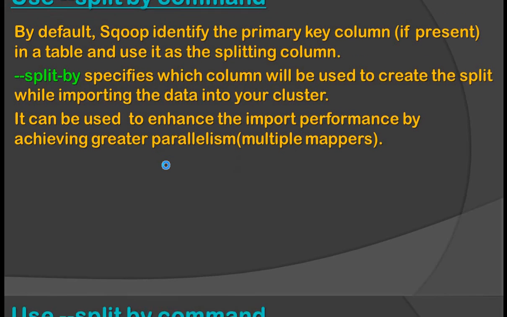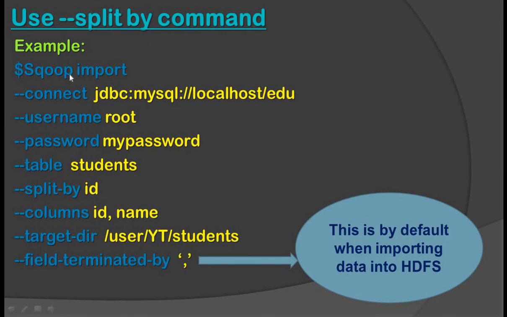Now let's see the example. We are going to use this example: sqoop import --connect jdbc:mysql://localhost/edu, where edu is the db name, --username root --password mypassword --table table name.